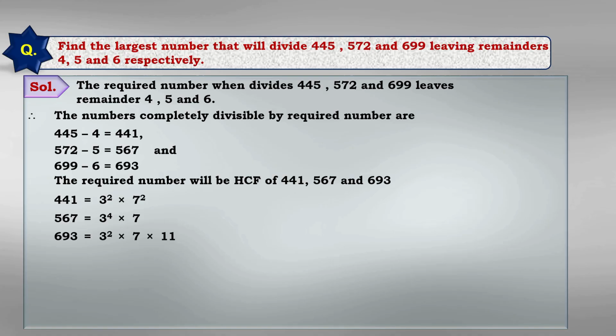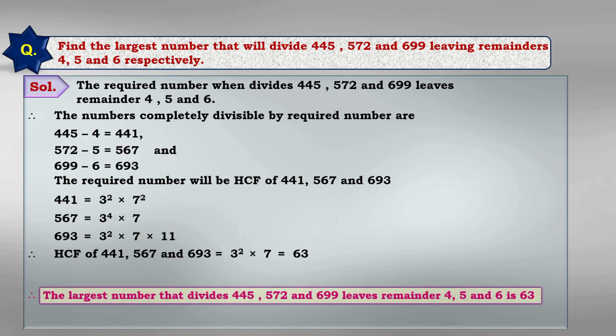The common factor is 3 squared multiplied by 7. 3 squared multiplied by 7 is equal to 63. Therefore, the highest common factor is 63. Hence, the largest number that divides 445, 572, and 699, leaving remainders 4, 5, and 6 respectively, is 63.